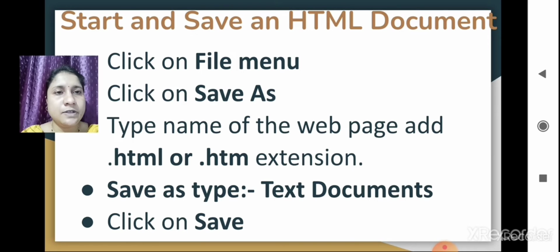A save box will appear. In that, type a web page name and add a .html or .htm extension. We have already seen in our previous class how to save it. Set Save as type to text document and click on Save.